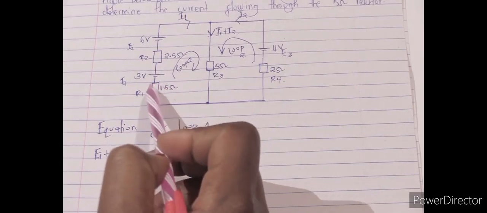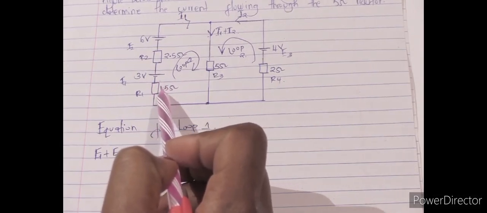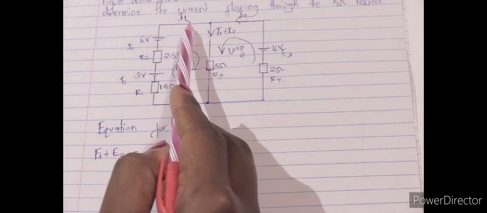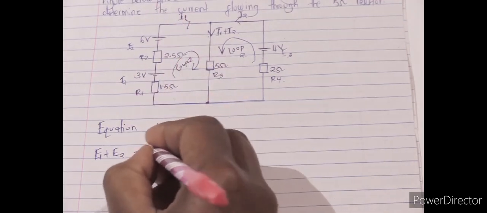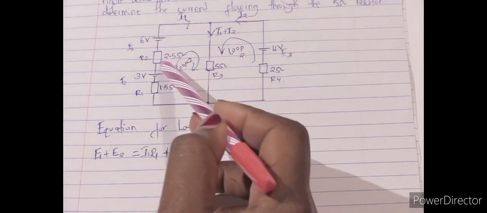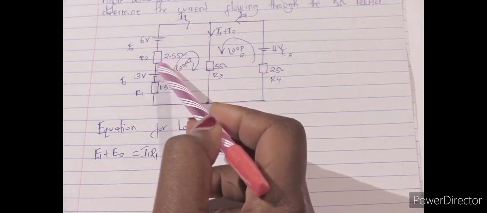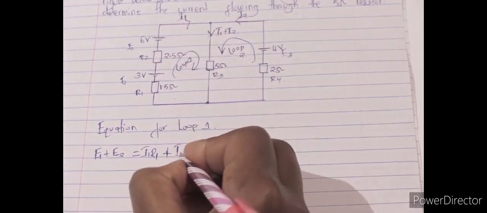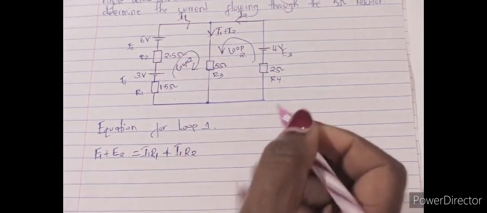So E1 plus E2 is equal to the first resistor we meet, R1, and the current flowing through it is I1. So I1 R1 plus the second resistor, R2, and the current flowing is still I1. So I1 R2.